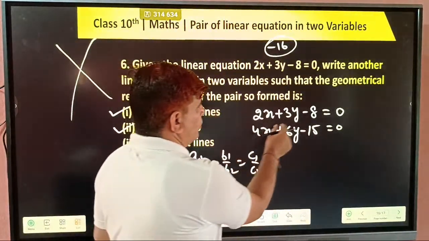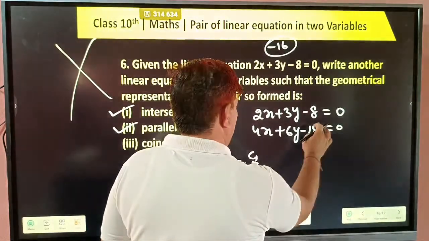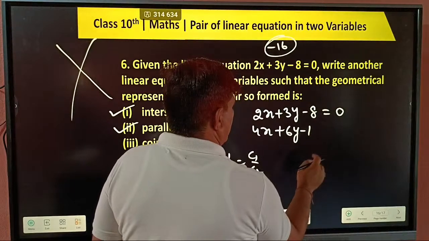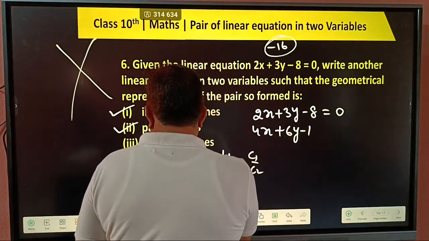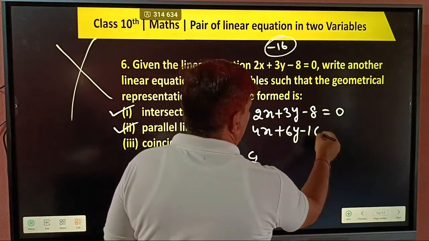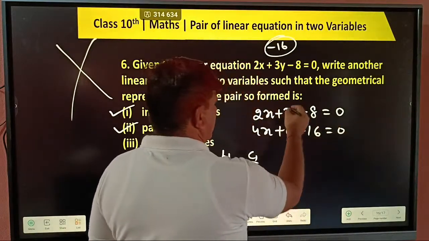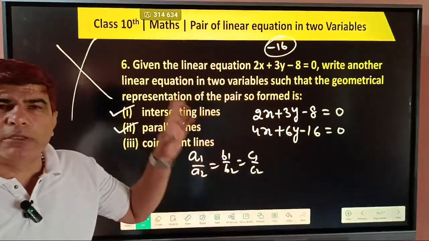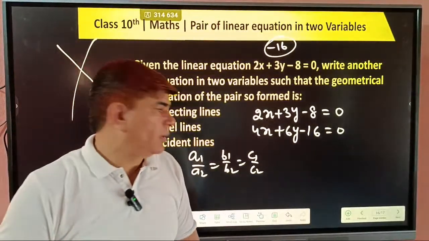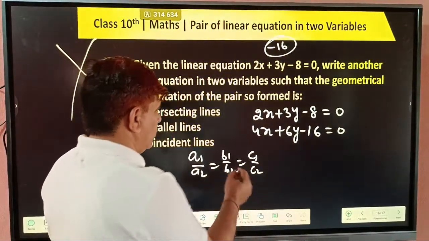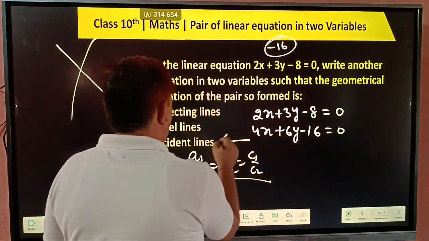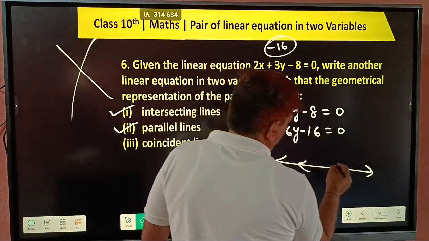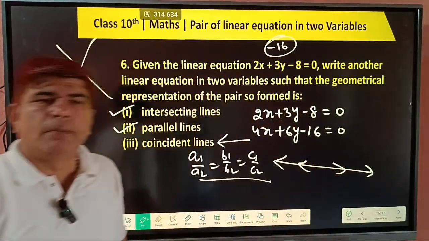Here I can write 4x plus 6y minus 16 equal to 0. 2 to 4, 3 to 6, 8 to 16. How many exist? Same answer, infinite. So here all are equal. Coincident lines mean one line is lying upon the other line.